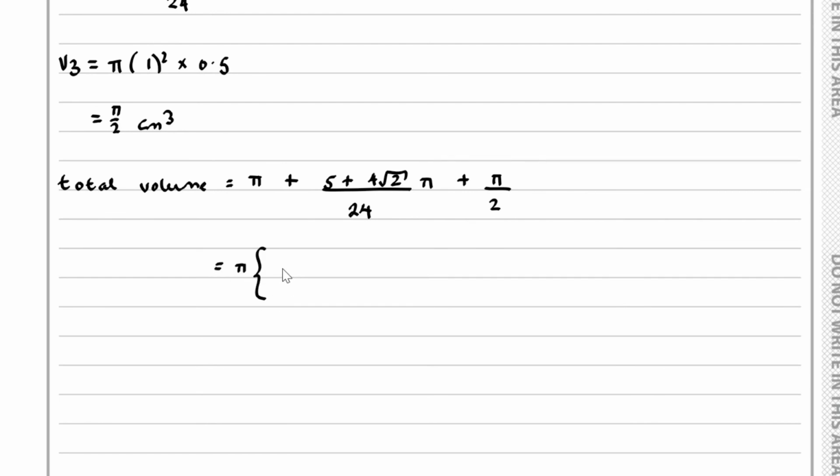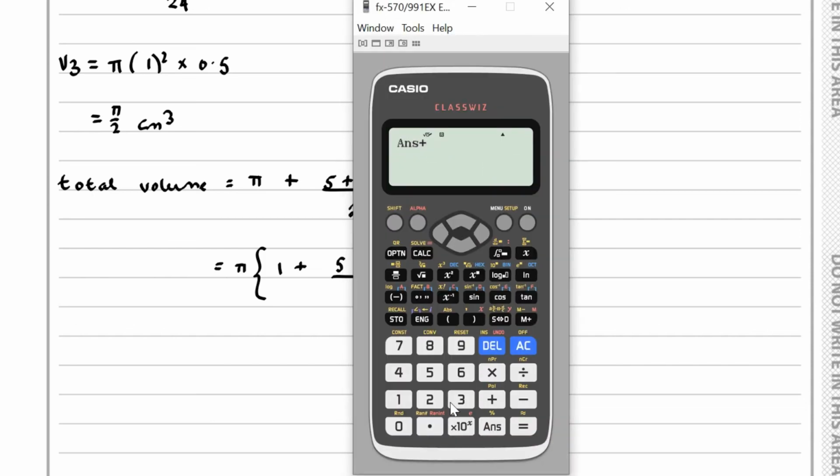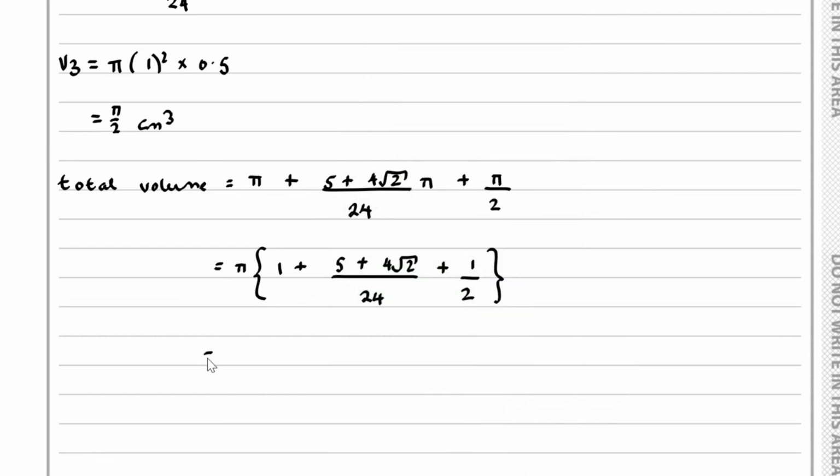So we've got pi lots of 1 plus 5 plus 4 root 2 over 24 plus 1/2. So if we work this out, we're going to add on 1, and then we're going to also add on 1/2. So we're going to get this over here. We're going to end up with 41 plus 4 root 2 over 24 pi centimeters cubed.